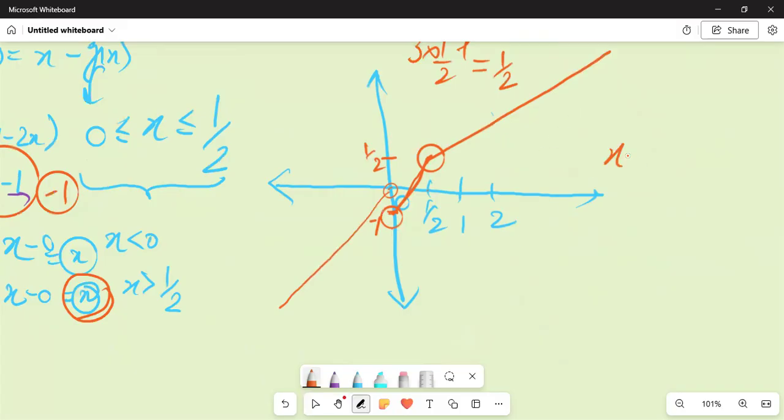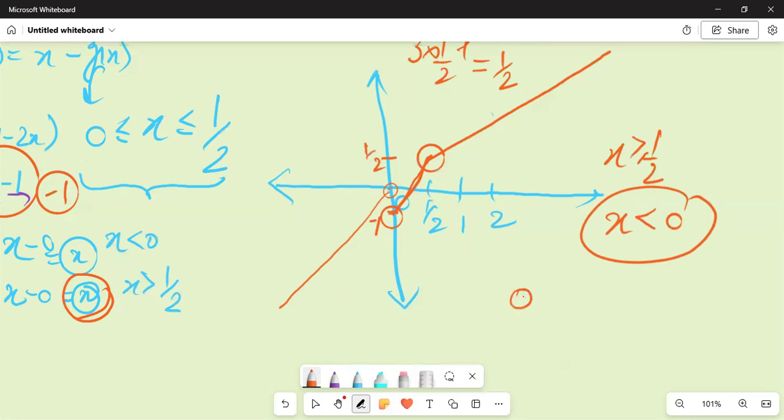So for values greater than or equal to half, hx is onto, or hx is taking all the values. But for the values which are less than 0, also it is taking all the negative values. It will be covering all the negative real numbers.